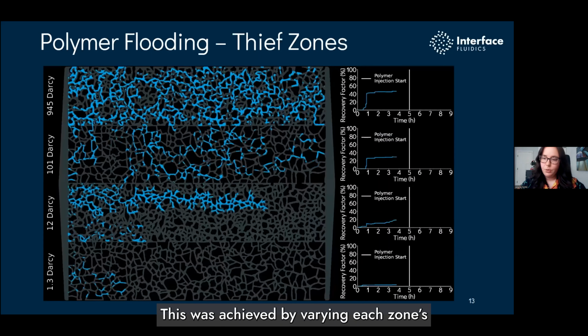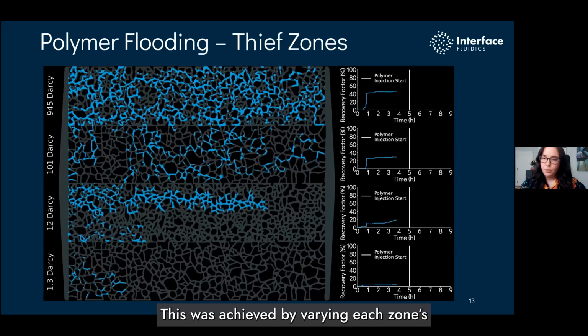The corresponding displacement efficiency was decent for the first zone at around 46%, but dipped as low as 3.6% for the lowest permeability zone, which suffered the most due to the formation of the thief zone in the highest permeability layer.